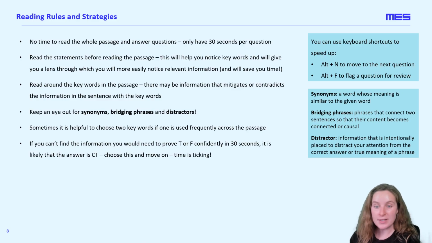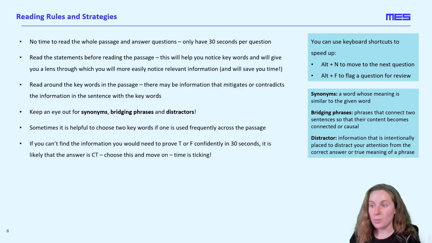So what is advised, rather than reading the entire passage, is that you read the statements and the questions beforehand, so that you know what they are guiding you towards in the passage, and that any key words or information that you notice in the questions will stick out to you more as you skim the passage. You'll be more easily noticing relevant information, and that will save you time.